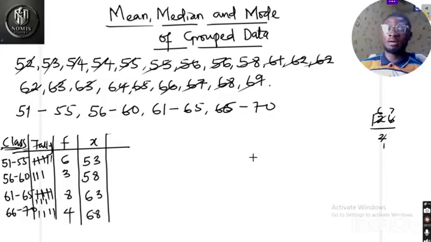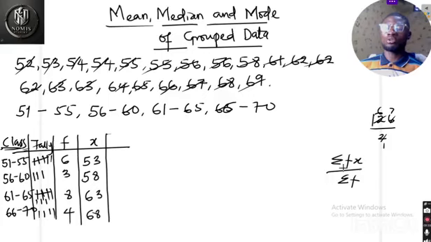And remember that the formula to calculate mean is summation fx all over summation f. What do we mean by summation fx? fx is the multiplication of frequency and the class rep.